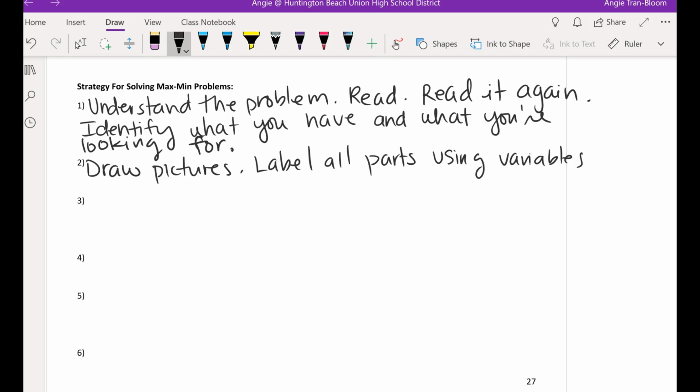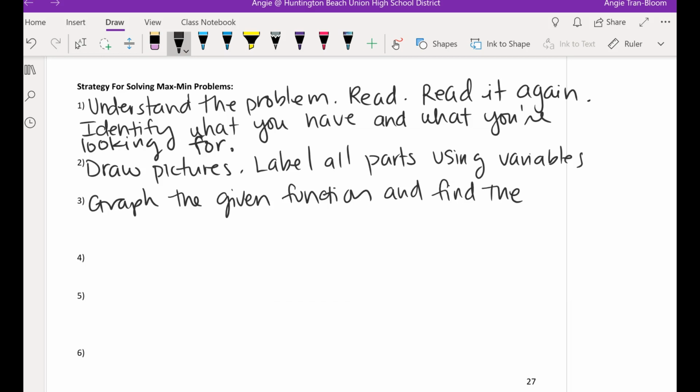Number 3, graph the given function and find the applicable domain and range.